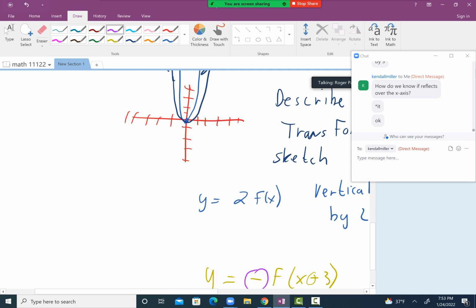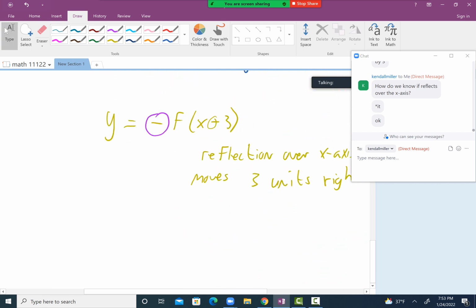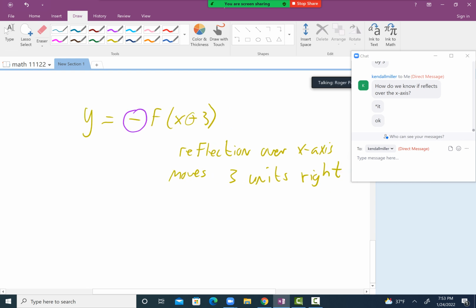We'll talk about the order in a little bit. So I want to reflect it, so it's going to look something like this. Well, pretty much all the matching ones are just one transformation.